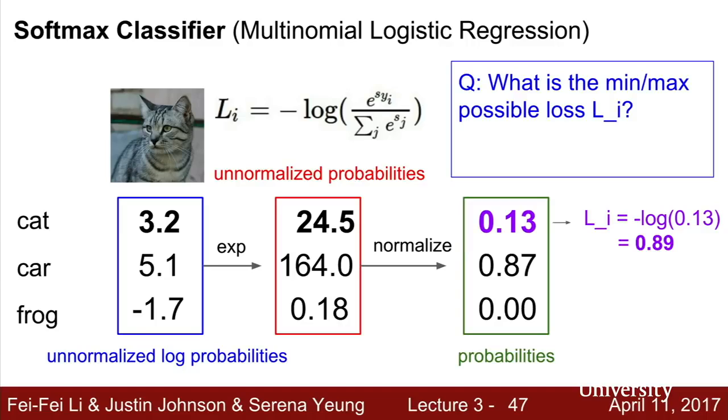Then log of 1 is 0, and minus log of 1 is still 0. So if we got the thing totally right, our loss would be 0. But by the way, in order to get it totally right, what would our scores have to look like?